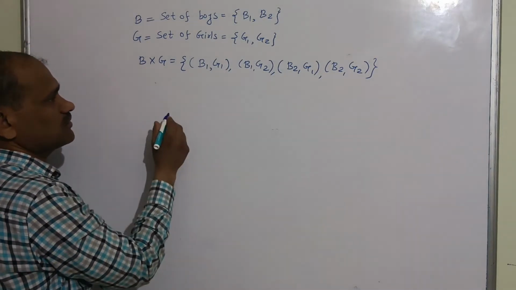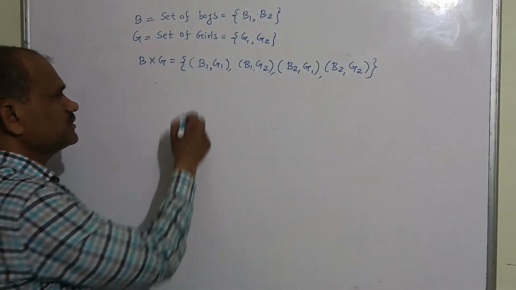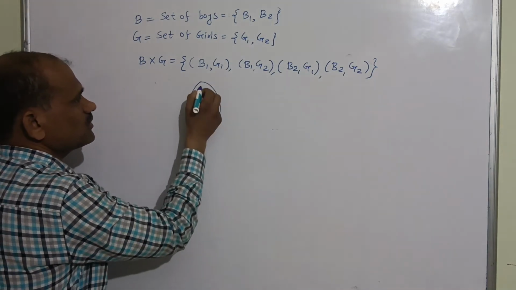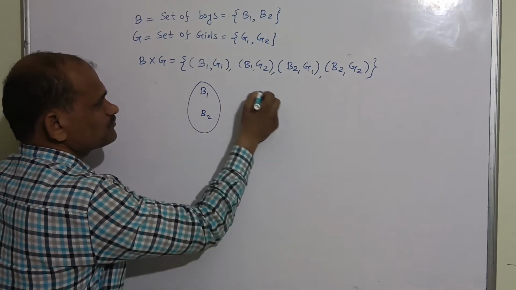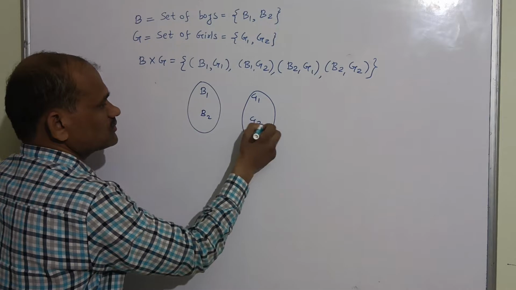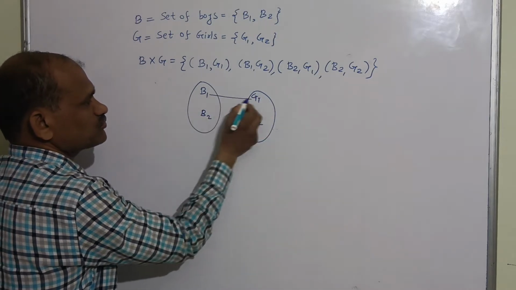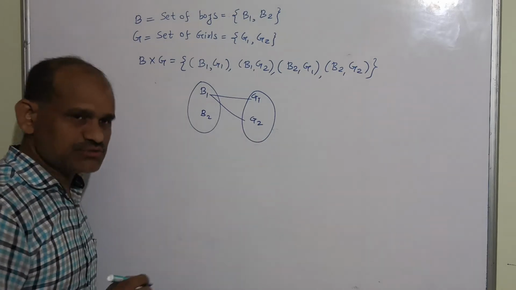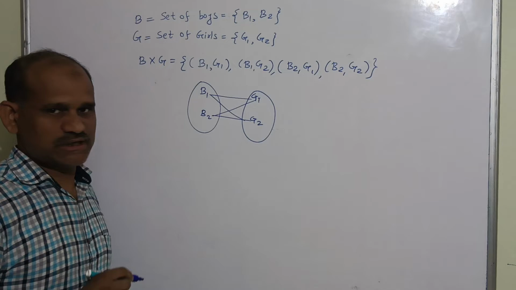Here, in pictorial form, we can represent it in this way. This is the set of boys, B1, B2. This is the set of girls, G1, G2. So B1 is associated to G1, G2, and B2 is associated to G1, G2, like this.